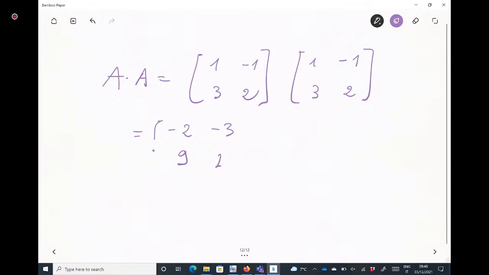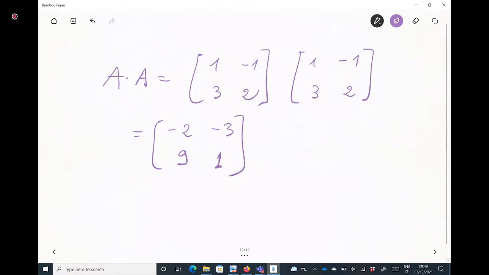Is that correct? 1 times 1, minus 1 times 3, it's 1 minus 3, minus 2. This is minus 1, minus 2, minus 3, 3 plus 6, 9, minus 3 plus 4, 1.